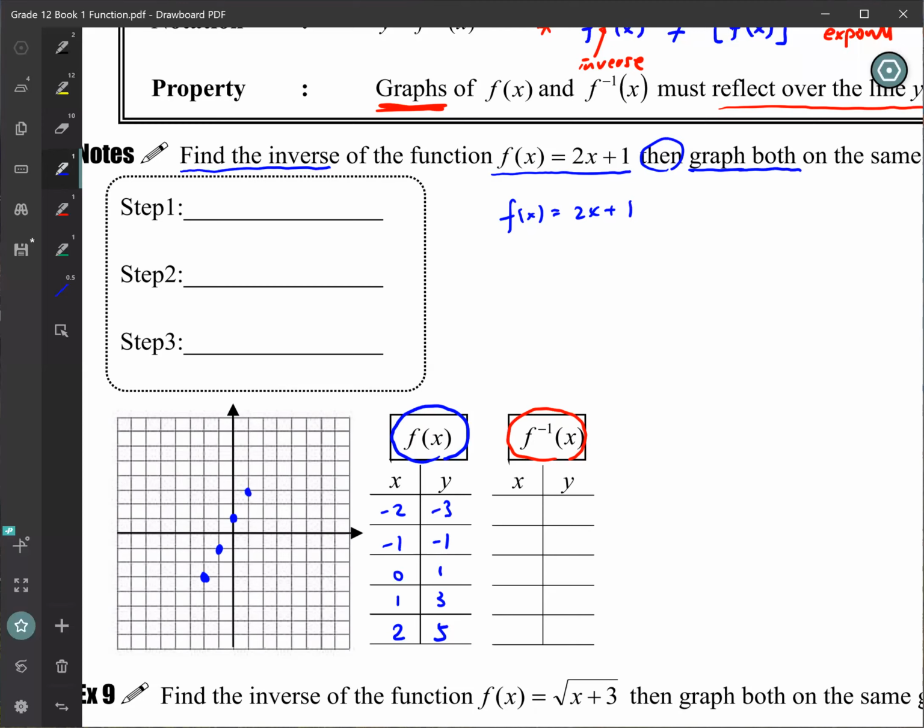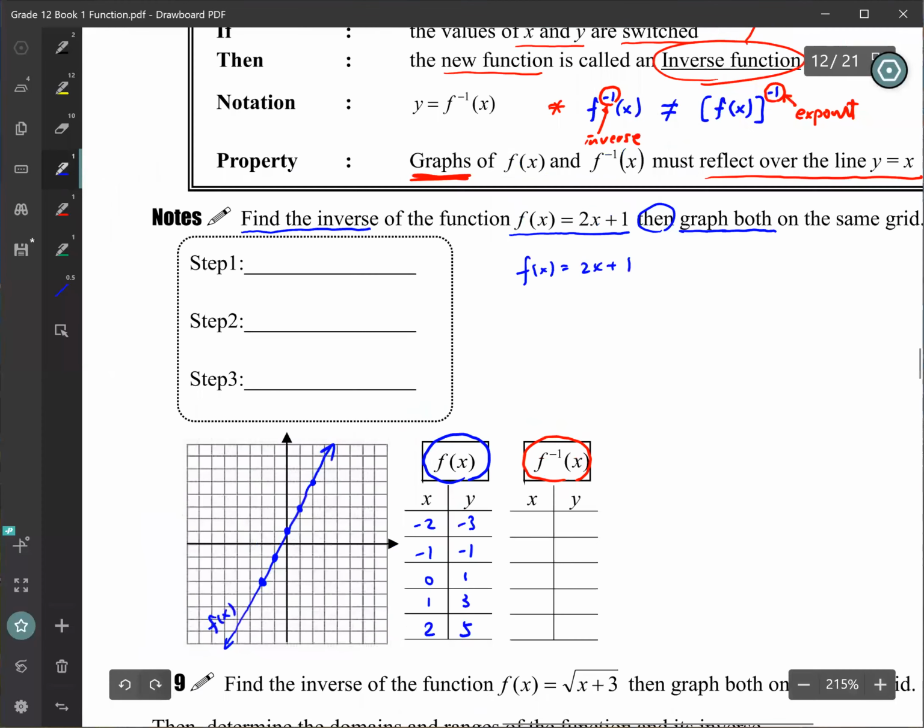Okay, so it should line up. If it doesn't, something's wrong. So we have this line. Please label it. This one is f of x, original.